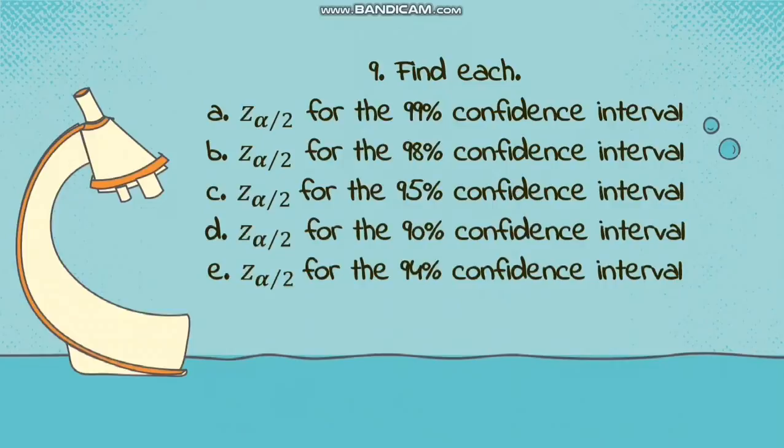Find each: A, z sub alpha over 2 for the 99% confidence interval, B, z sub alpha over 2 for the 98% confidence interval, C, z sub alpha over 2 for the 95% confidence interval, D, z sub alpha over 2 for the 90% confidence interval, and E, z sub alpha over 2 for the 94% confidence interval.